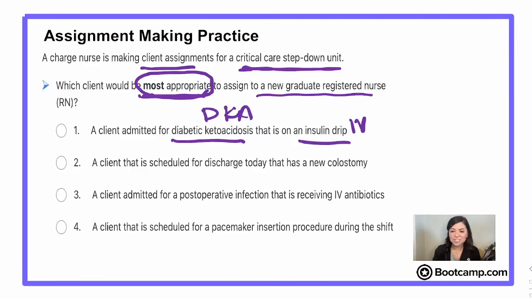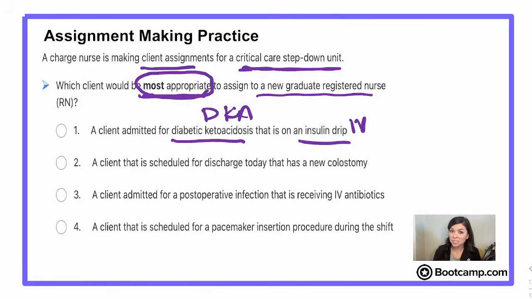Oh, y'all are telling me the answer to the question. Y'all want to go at 3. I agree with y'all, but let's talk about why the other options are incorrect. So diabetic ketoacidosis increases the risk for electrolyte abnormalities and metabolic abnormalities, especially, remember, when we're administering the IV insulin, we're going to see shifts in potassium.